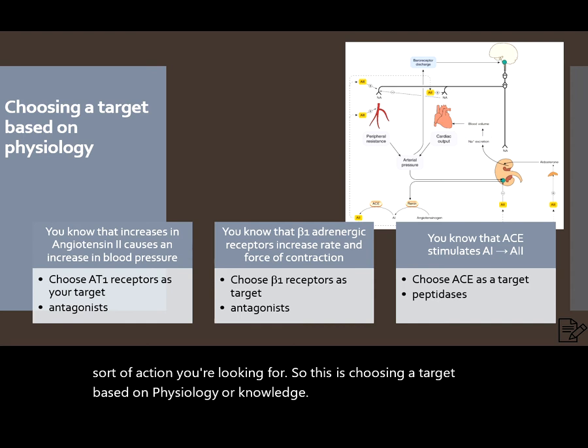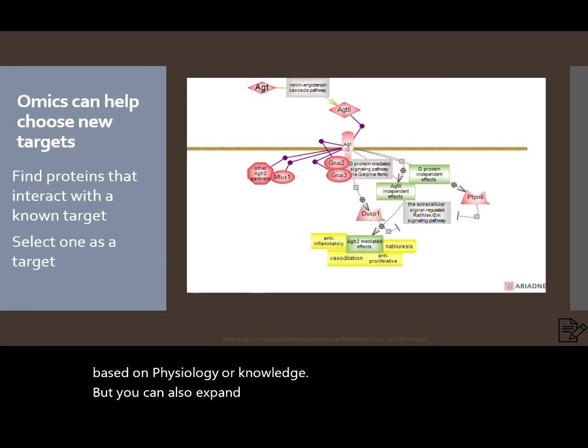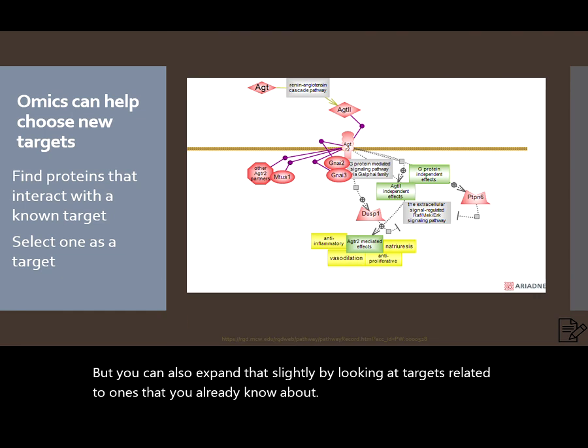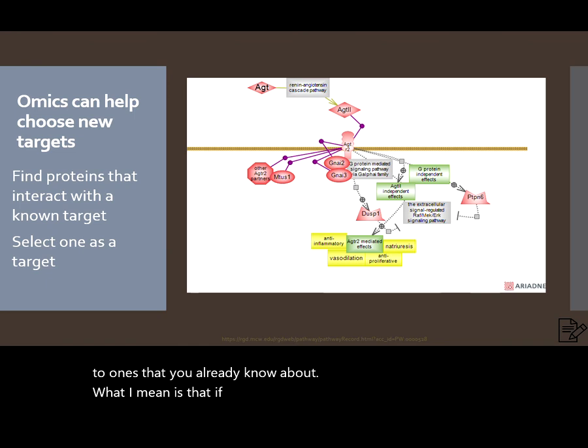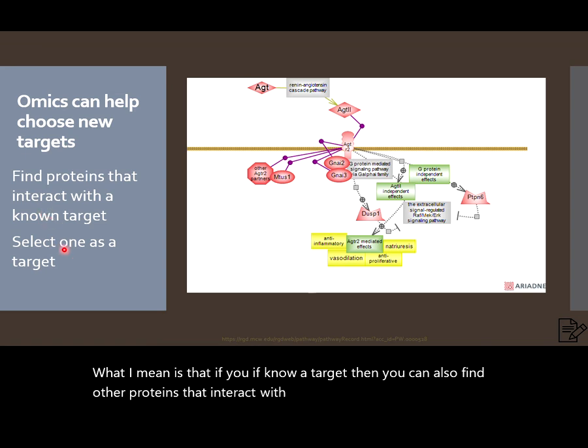But you can also expand that slightly by looking at targets related to ones that you already know about. What I mean is that if you know a target, then you can also find other proteins that interact with that target and select one of those as a target as well.